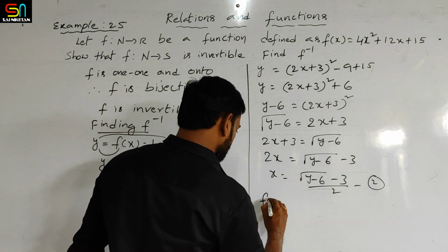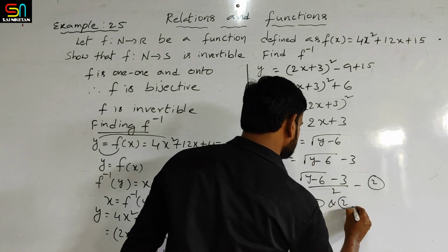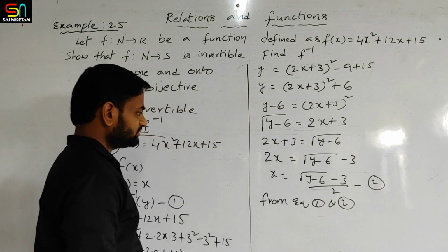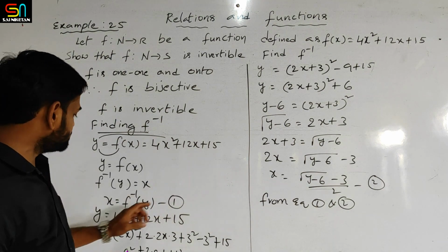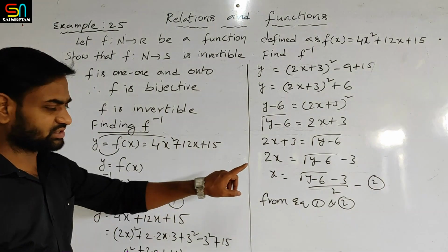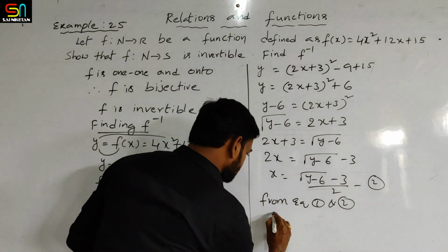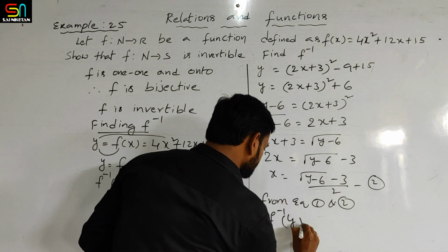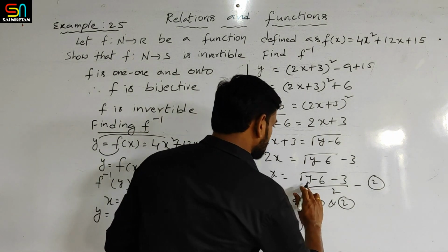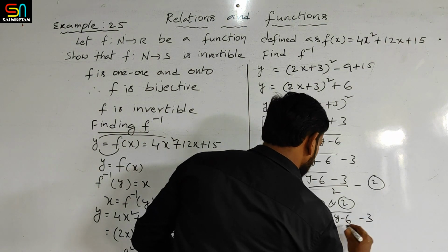Now from equation 1 and 2, what can you write? Here both LHS terms are the same. Now we can equate the RHS terms. What is the RHS term here? F inverse of y is equal to, here RHS is (root of y minus 6 minus 3) by 2.